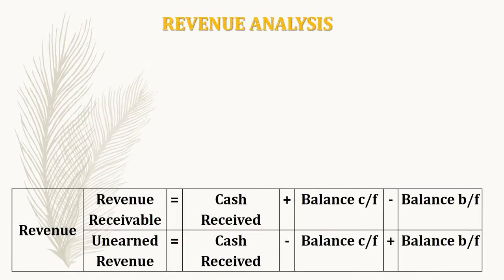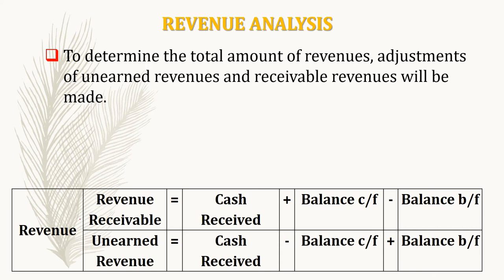Okay, as for revenues, we have receivable and also unearned. If you are finding the revenue for the current accounting period, you'll take the cash receipt in your cash book, add it to your ending balance of the revenue receivable, and then minus the beginning balance of your revenue receivable.